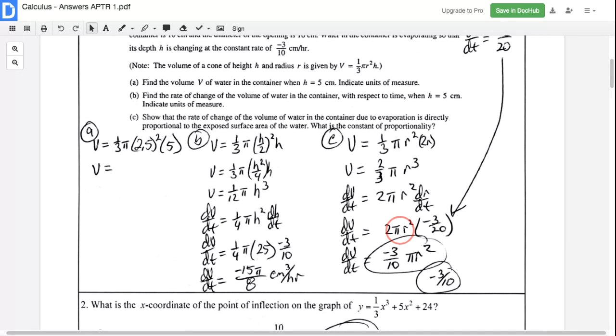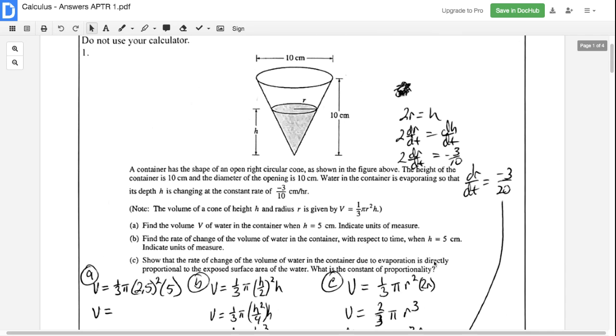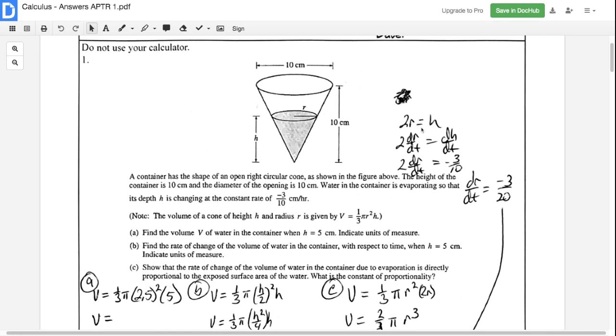So there's the pi r squared that I want. Now I need just the coefficient of it. The 2 is there, but I need to figure out what dr/dt is. They gave me dh/dt right here. If I go back to this formula, 2r equals h, and I take the derivative of both sides, I get 2 dr/dt on the left, dh/dt on the right.